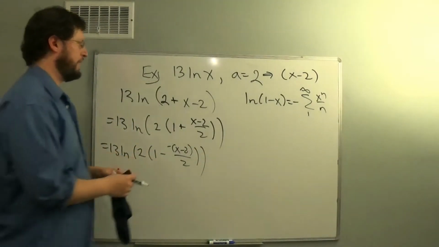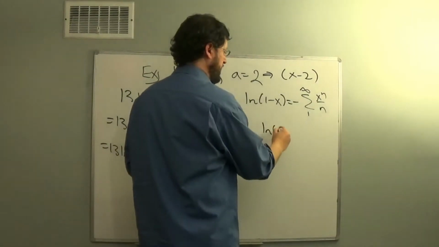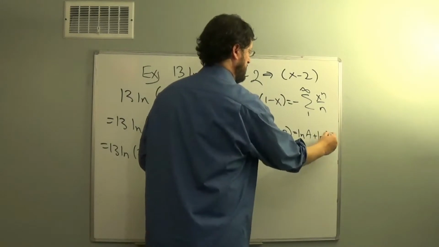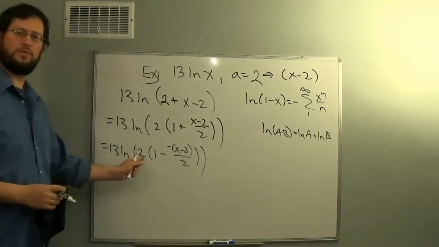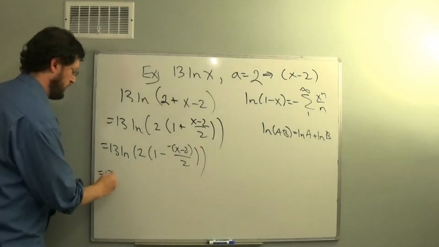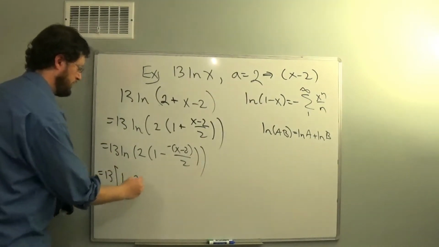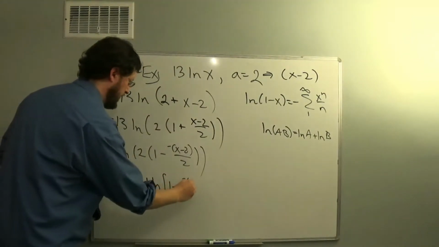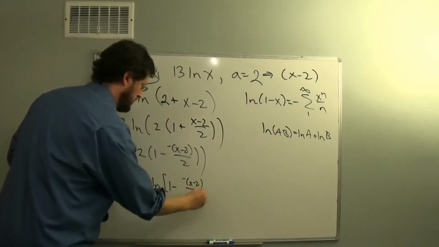And the way we get rid of that 2 is to remember that ln of AB is ln of A plus ln of B. So I can get rid of that 2 by splitting up the natural log. So this is 13 natural log of 2 plus natural log of 1 minus negative x minus 2 over 2.